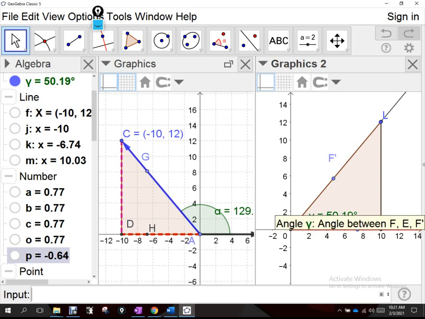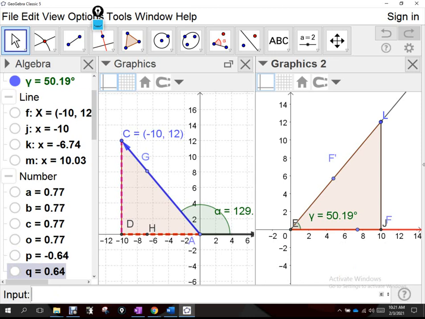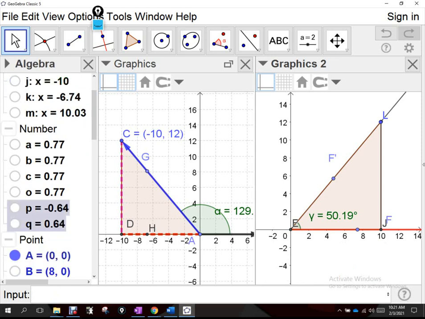Well, when I come over here and look at this 50.19 number, so let's go cosine of gamma here. What's the difference? What's the discrepancy between those two things? The sign, right?